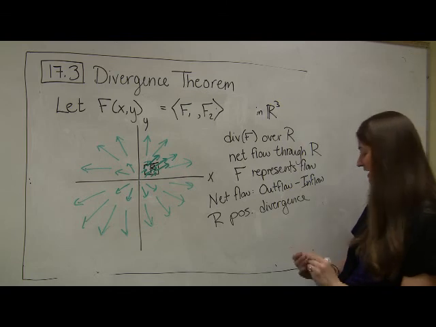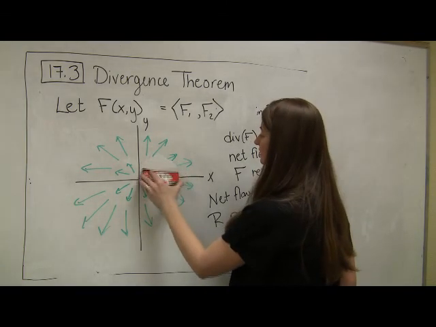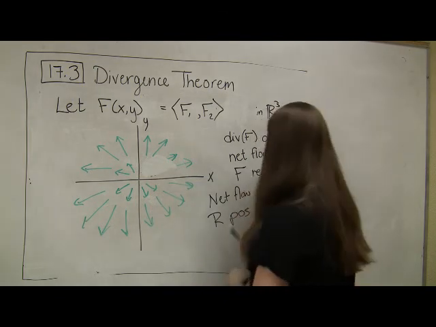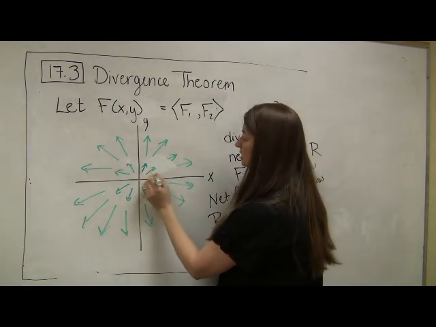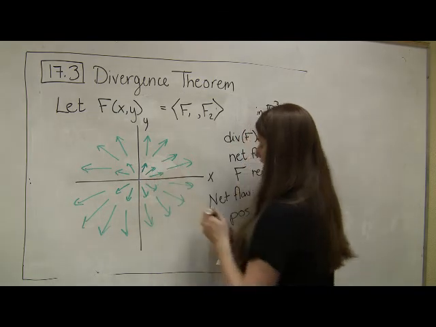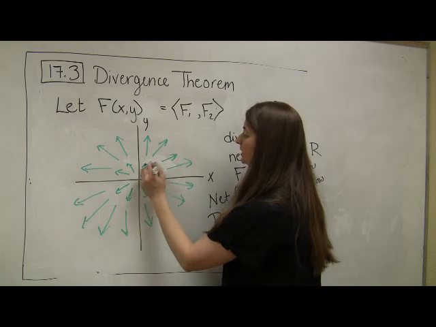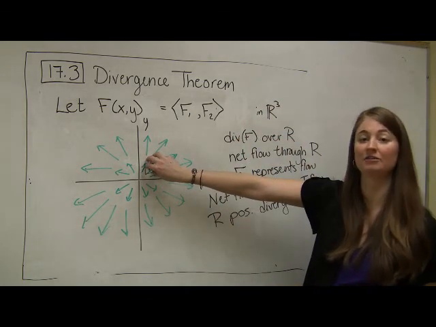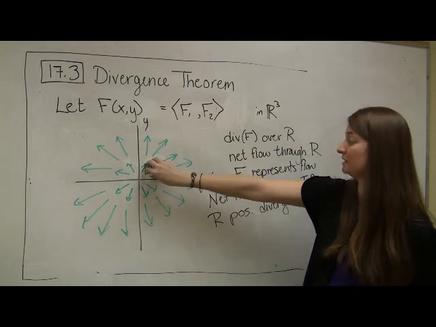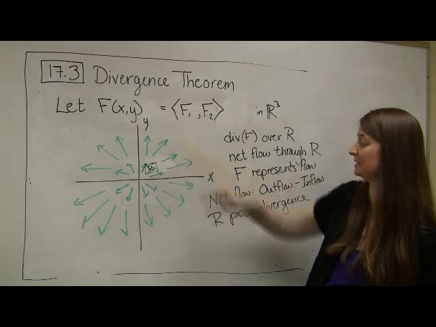Another way to think about it, and this is actually the visual that I prefer, and you can decide which visual you like the best, is to think of what is the motion of my R under this flow. So let's say this is my original region R. If this were colored water, if my colored water took up this rectangle, and I looked at what happened over time, what would happen to this region?